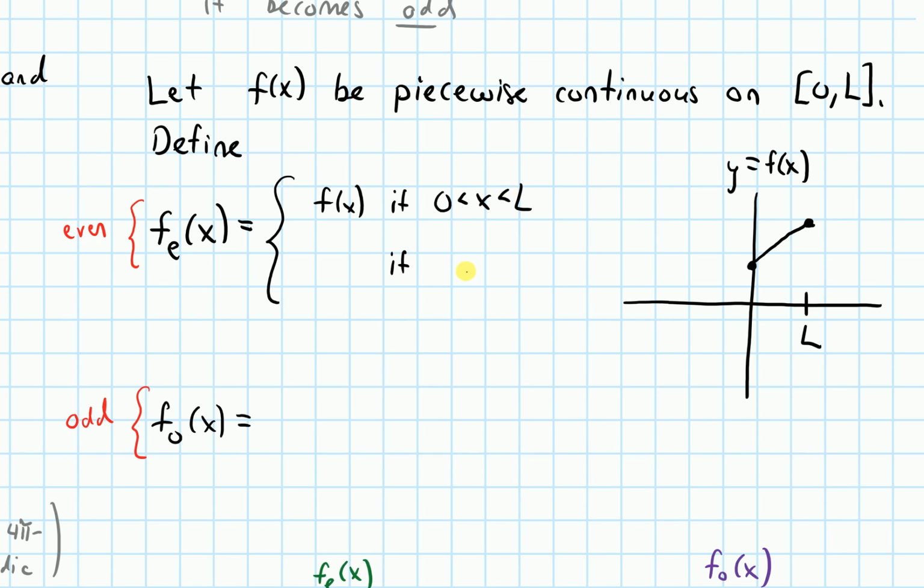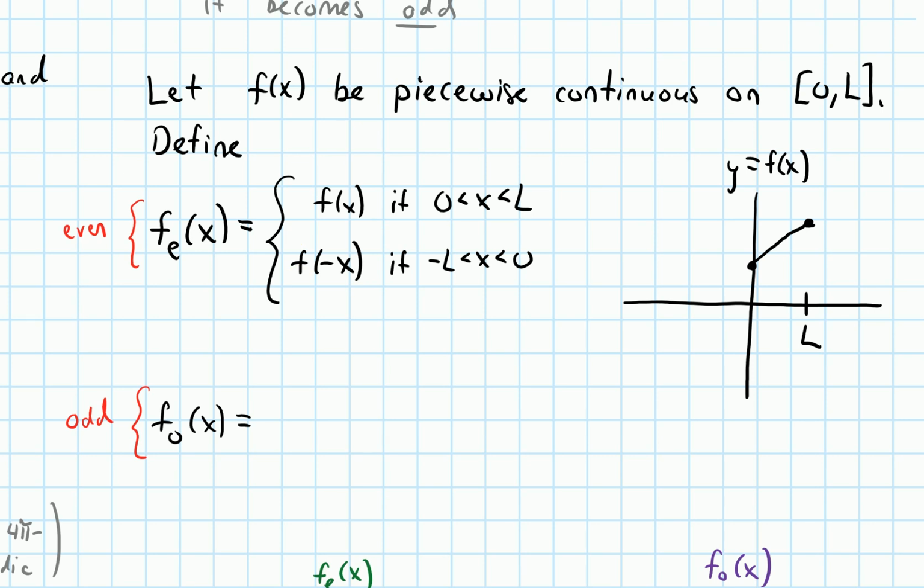So if negative L is less than x is less than 0, the way we're going to define this function to make it even is we'll say that it is f of negative x. And if we do that, that'll guarantee that the function at negative x values will be the same as what it is at the corresponding positive x value. So I think it'll be easier to see what that means when I draw a picture of this. So I'll do that in just a minute or two.